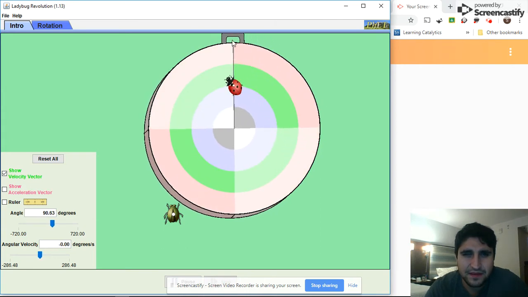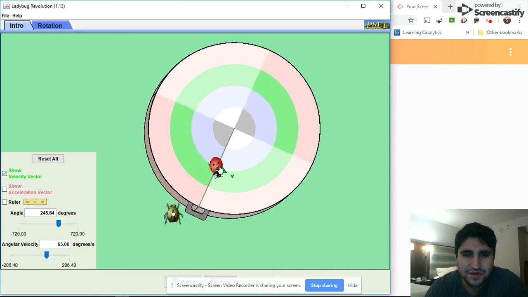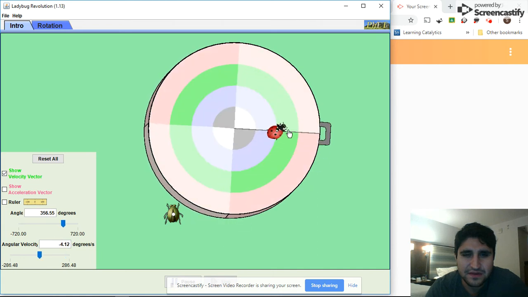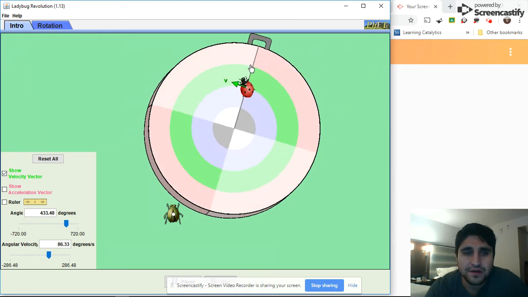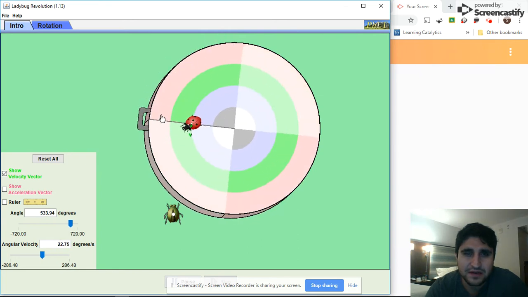Then 180, half the circle, then 270, and then 360, one complete revolution, one complete rotation. Then I go more, and it should be 450 because each one's 90 degrees, another 90, and then it should be 540. I'm going to reset it.